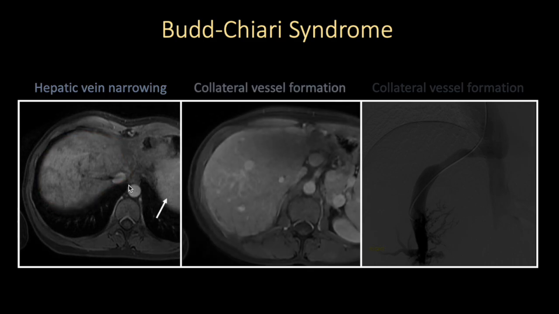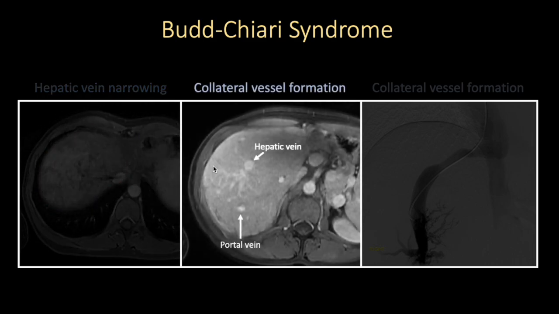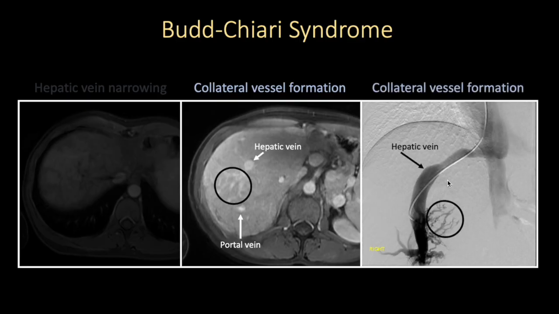If we go here, we can see that the hepatic vein has a tangled number of collateral vessels with the portal vein. It's trying to figure out other ways to get around that obstructed hepatic vein, and so you get this tangle of vessels created with collateral vessels, and here you can see those collateral vessels on this venogram.